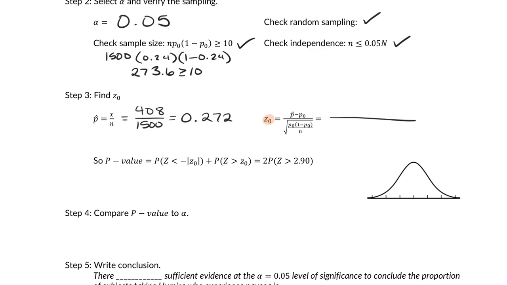So we'd use p hat, which is 0.272, and we're going to subtract P naught, which from the top, that's a hypothesis proportion, 0.24. All divided by the square root of 0.24 times 1 minus 0.24 over the sample size, which was 1,500. Sorry, I said population size. Sample size.